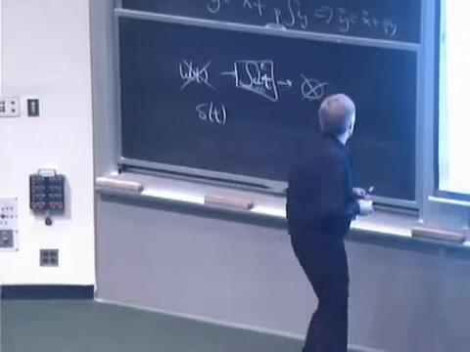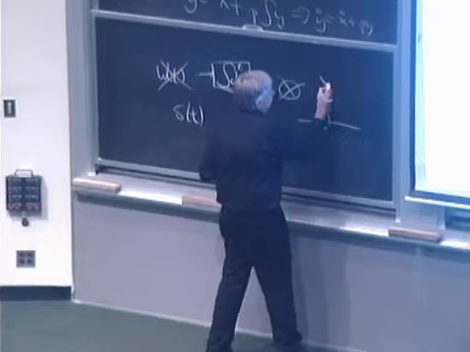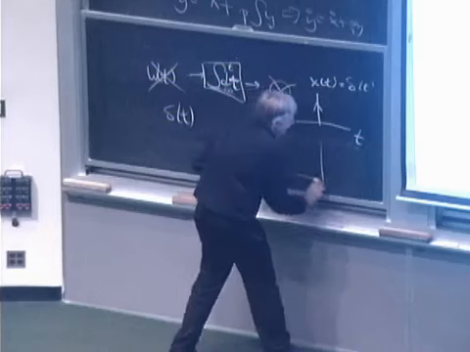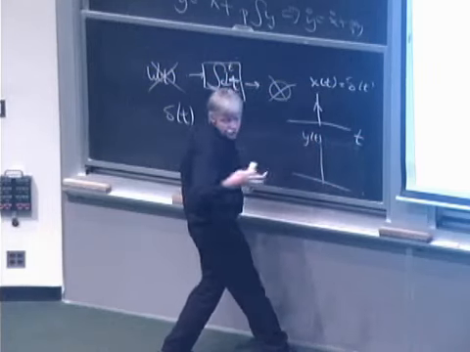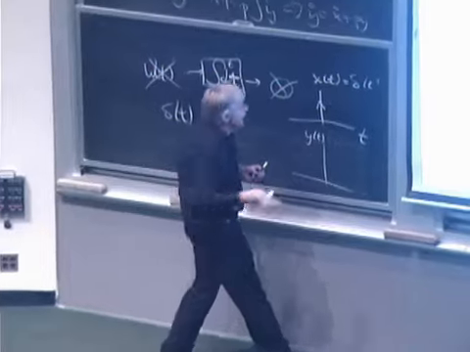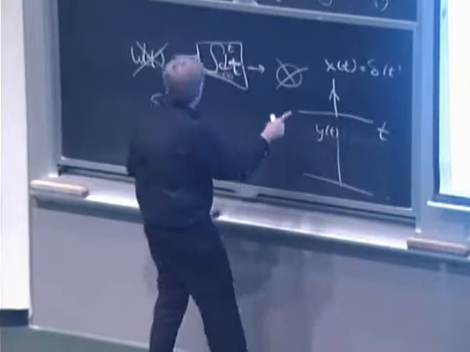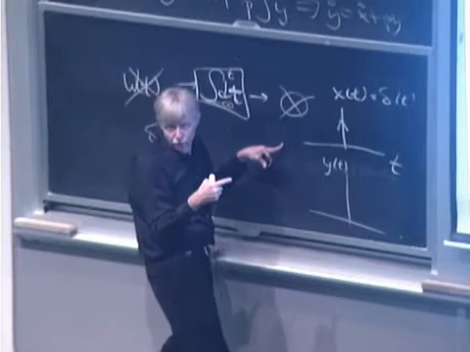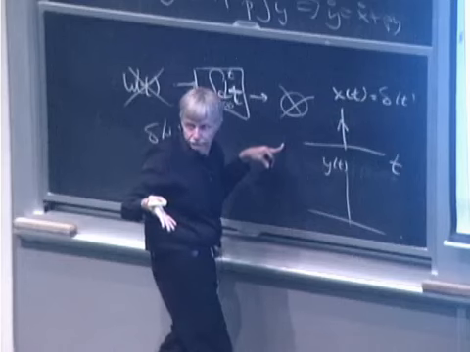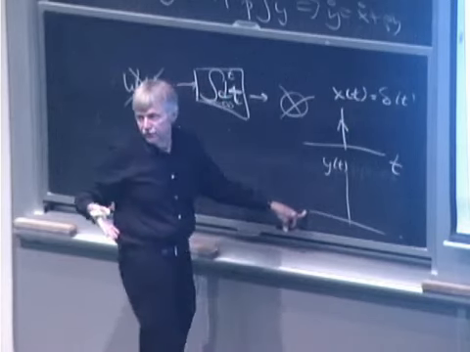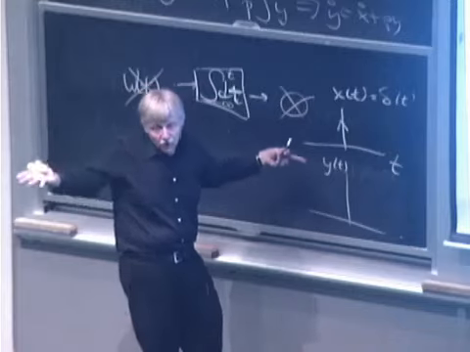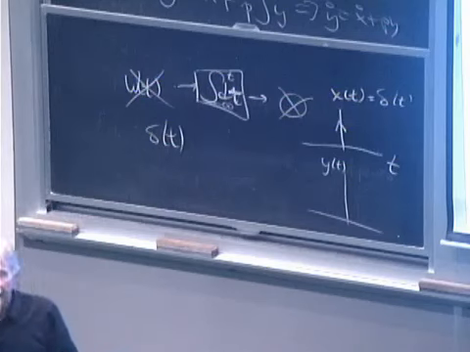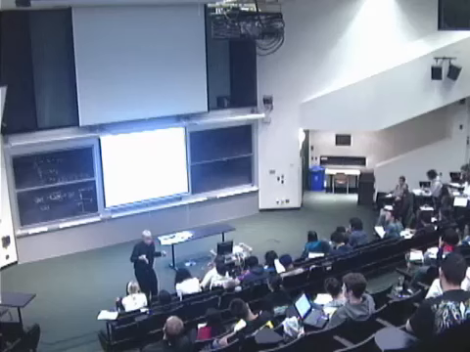Well, if my input x of t is delta of t, and I want to think about y of t, which is going to be the integrator operating on x, think about what would be the answer to this integral for times less than 0. Well, the system started at rest. If the integrator turned on at 0, what's the value of the answer of the integrator here? 0. It started at 0 back at minus infinity sometime. It started at rest. There was no input. So the answer is 0.